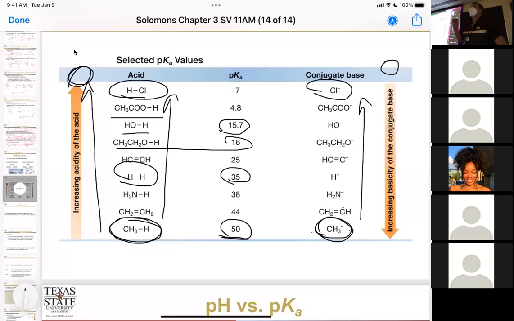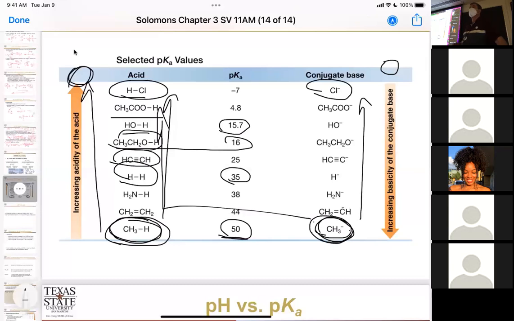Now, do not confuse pKa with pH. Do not confuse pKa with pH. We do not have to have water in our system to have a pKa, because we can't have water in our system if we have this base, because it's going to take all the protons off everything below it, including water, hydrogen, alcohols.